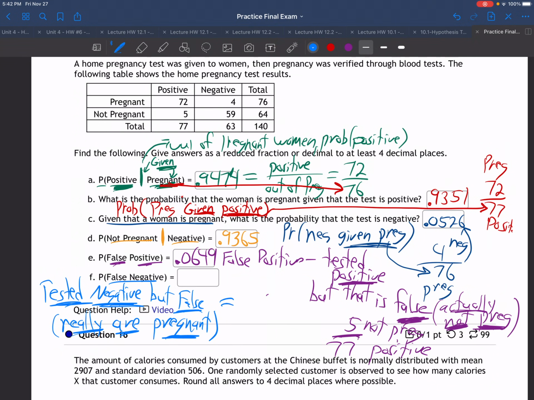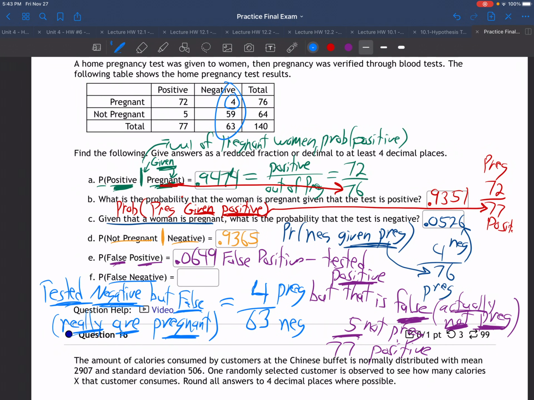So we have to figure out of those that tested negative, how many really are pregnant? Well, let's go up and find the negative. There's the negative. There's all the women that tested negative. Out of those 63 women who tested negative, how many really are pregnant? 4 out of 63 really are pregnant.